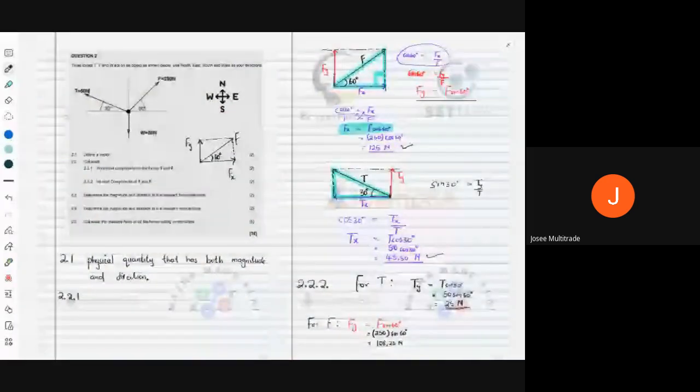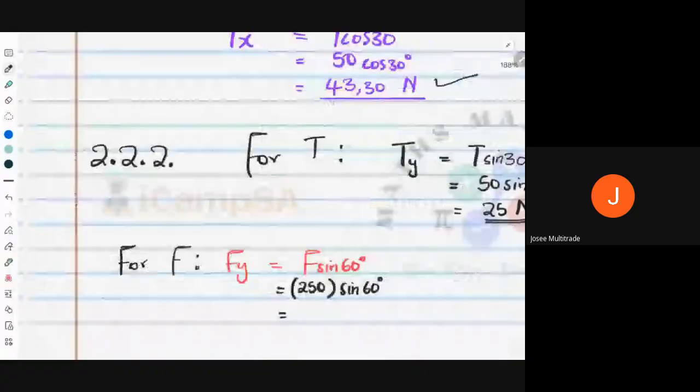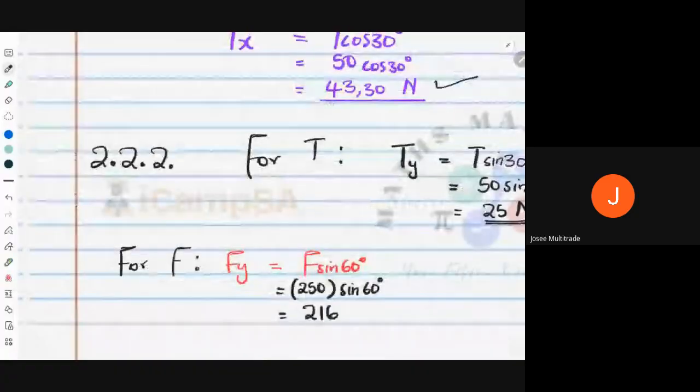So it's not going to be 108. It's going to be 250, probably twice this, times sine 60. It is 216.51, which is twice what we got initially, 216.51 newtons.